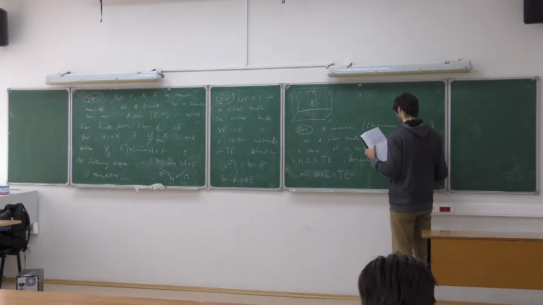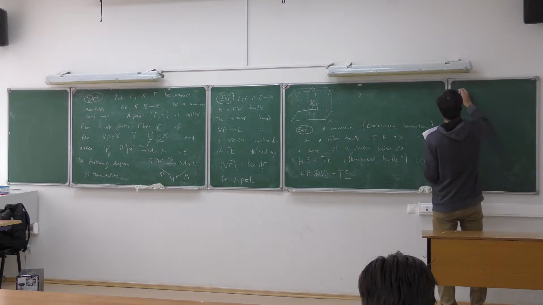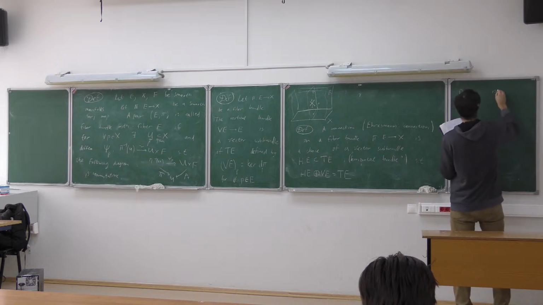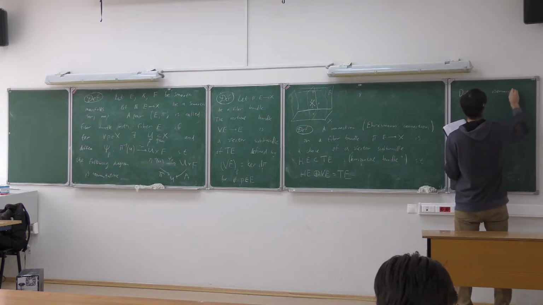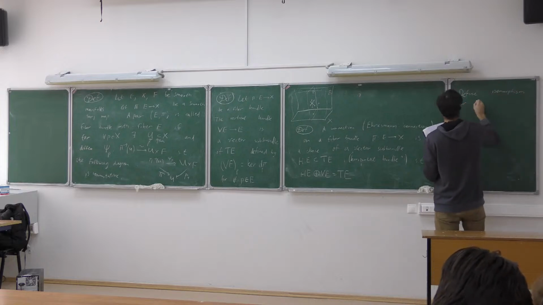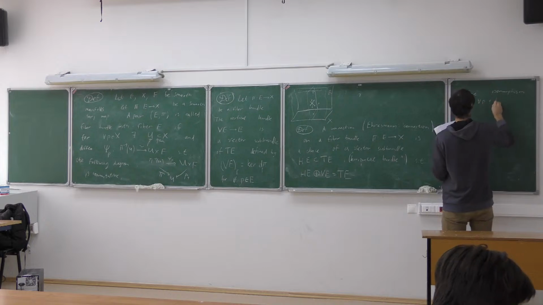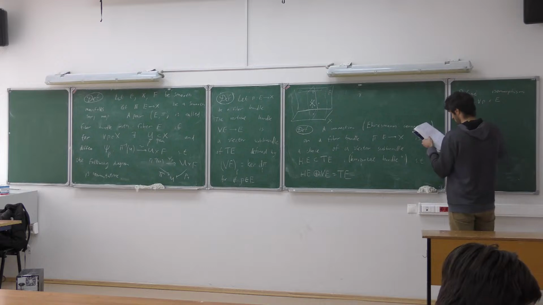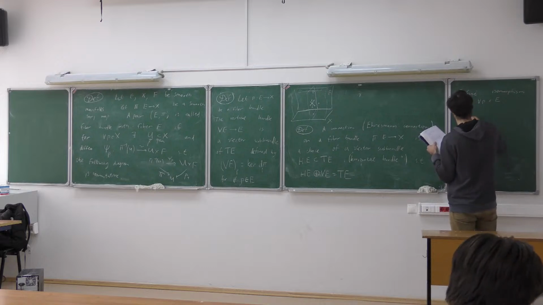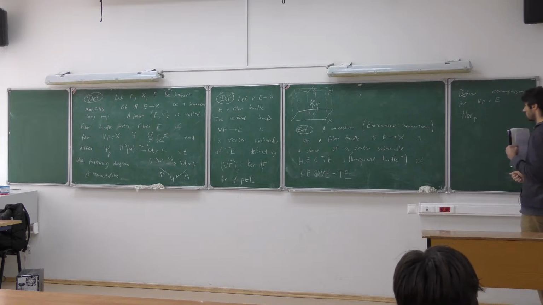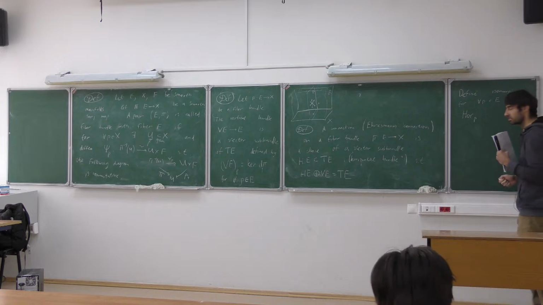Let me define an isomorphism. For each point in E, there is a map which is denoted like this, and this is called the horizontal lift.